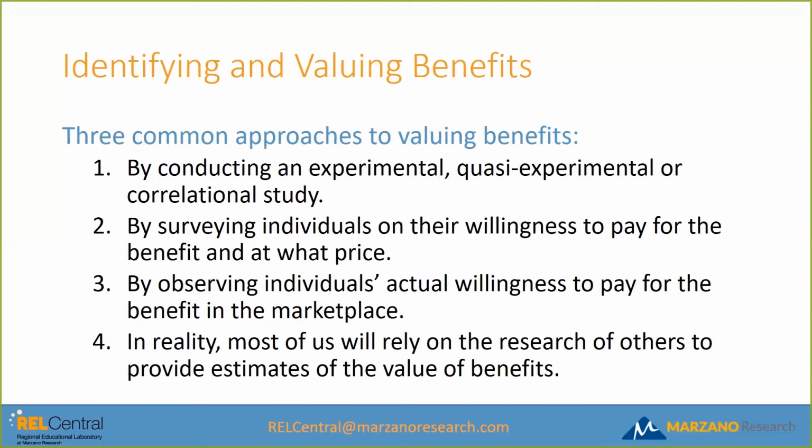Well, there are three common approaches to doing this. The first one may be by conducting an experimental, quasi-experimental, or correlational study. An experimental study generally means that you have a group of students who are randomly assigned to a treatment group, so they're actually going to participate in whatever the program or intervention is.